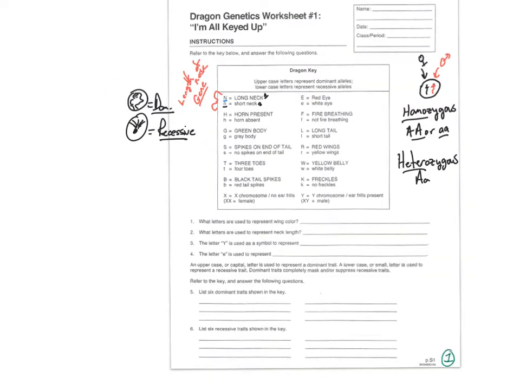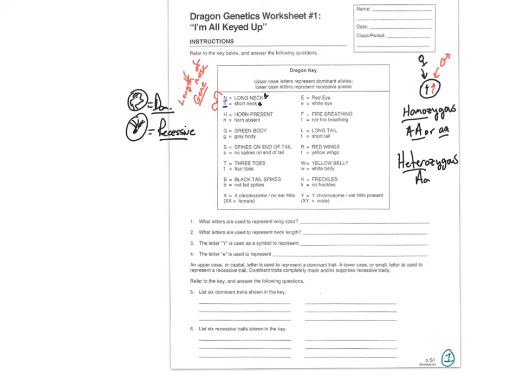So here, as you can see, the first thing you have to figure out is what letters are used for wing color. You look around in this key and find out what letters you're using for wing color. What are the letters you're using for neck length? Look around here and see. Y is used. What is the letter Y used for? Figure it out here.